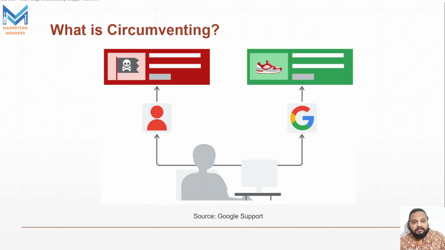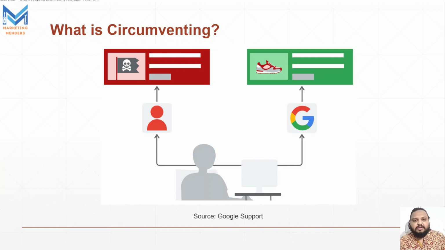And when a user, a customer, clicks on my ad, they will be taken to a page which is not safe for them. Maybe on that particular page there are some trojans, there are some viruses, or maybe that is a pornographic website. There could be multiple reasons or multiple ways that people do that.